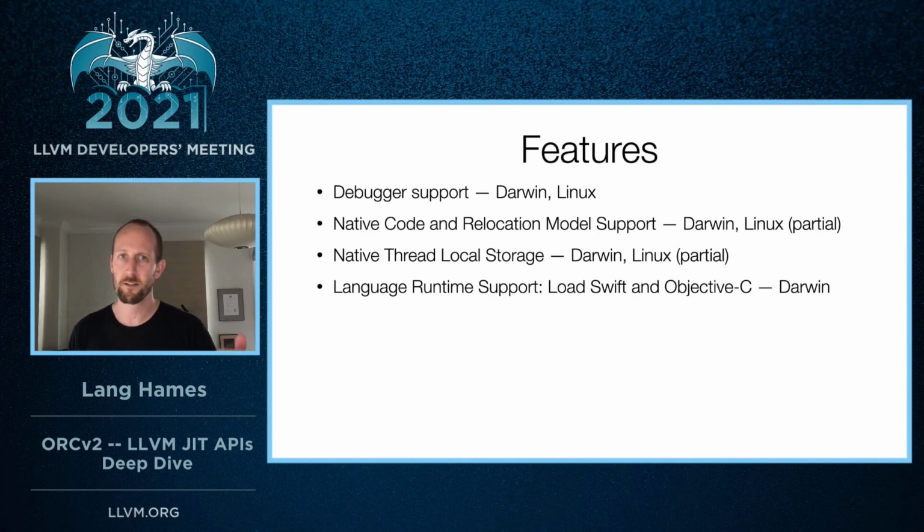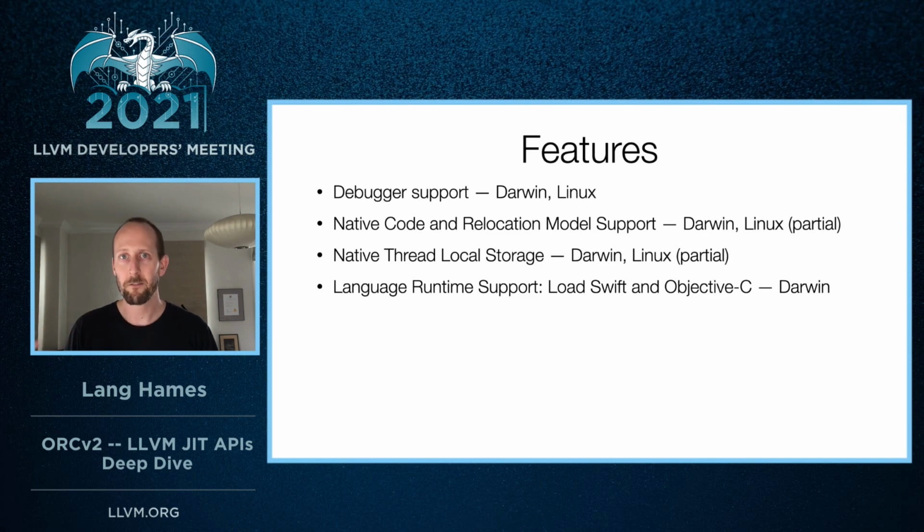There's a theme to these last three points, which is that MC-JIT made it easy to reuse existing compilers to build a JIT. We're moving instead to a slightly different model where what we're trying to do is emulate the object runtime.